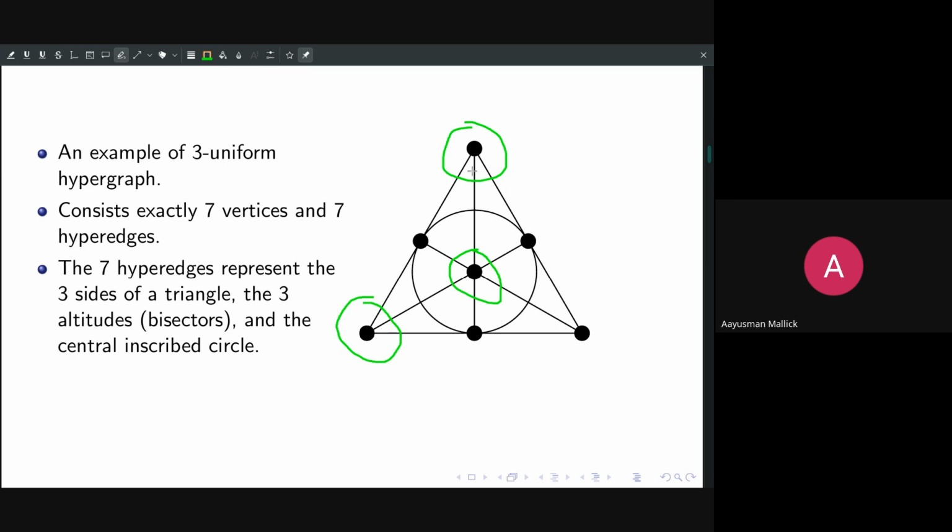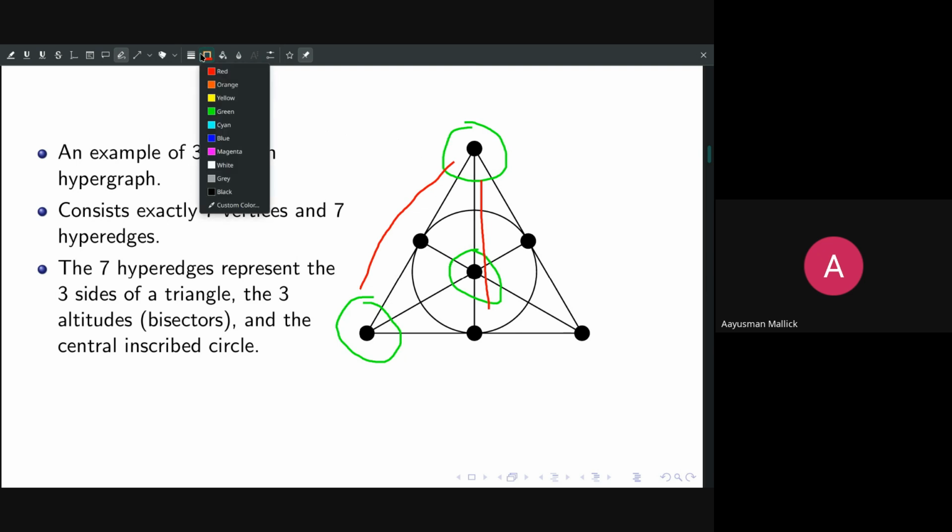Similarly, generalizing that concept, we see that to form either of these edges, we would always need either this vertex for this edge or this vertex for this edge.